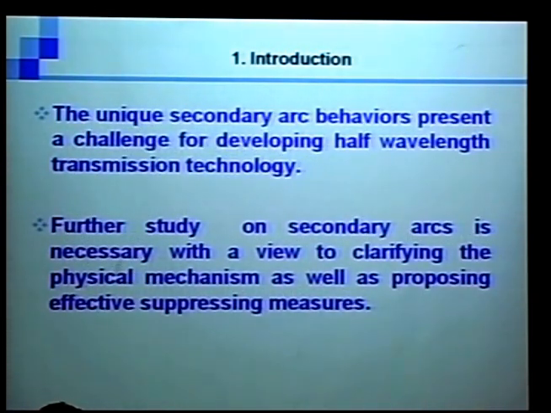That's the target, the purpose of our research. That means the unique secondary arc behaviors present a challenge for developing half-wavelength transmission technology. In that case, further study on secondary arcs is necessary with a view to clarifying the physical mechanism as well as proposing effective suppression measures.